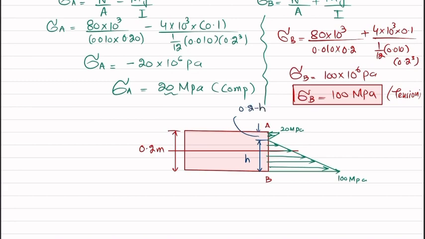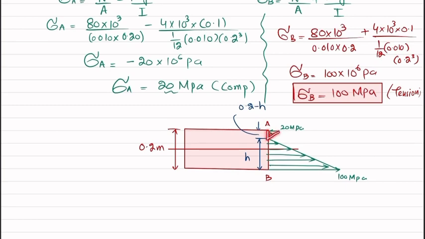Now you can see we have two similar triangles, one is this one and the other is this one. So if we take the ratio, 0.2 minus h divided by the maximum stress 20 will be equal to h divided by 100. Why?